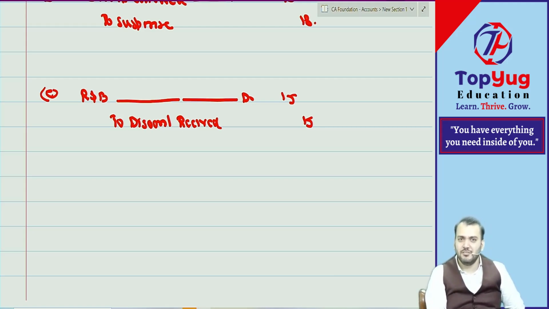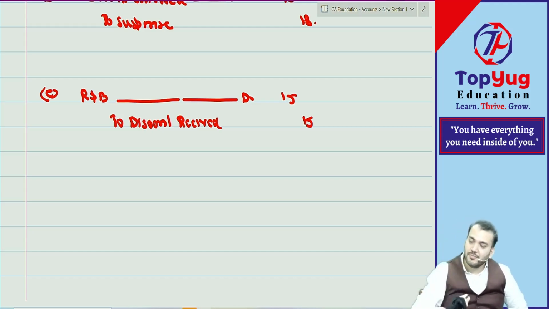Amount. Hurry. Account debit to suspense to sales. 20. 22.